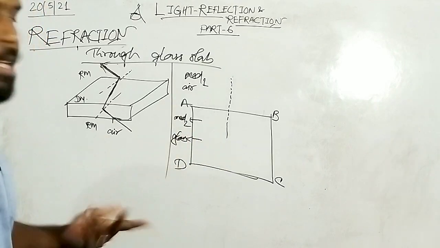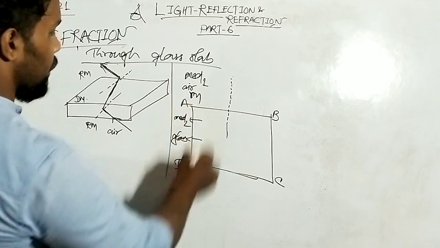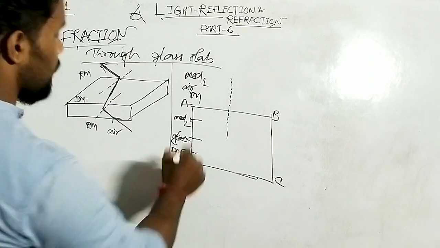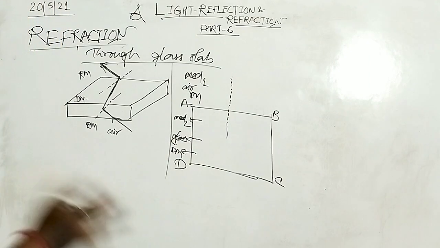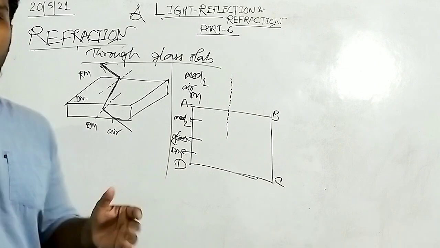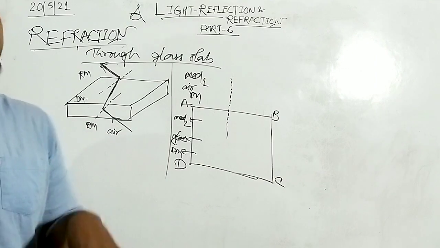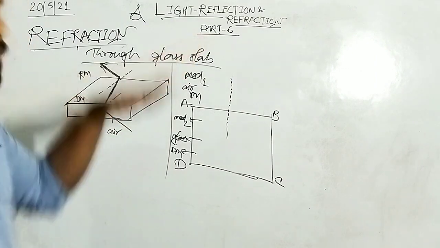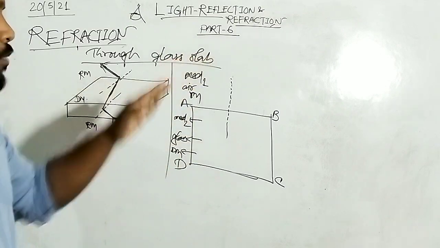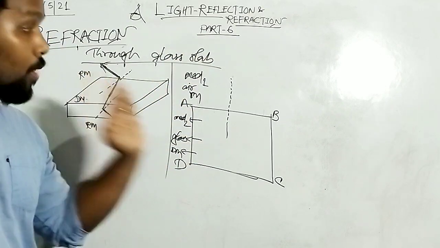From our concept, this is the rarer medium and this is the denser medium. When a ray comes from rarer to denser medium, the refracted ray moves towards the normal.